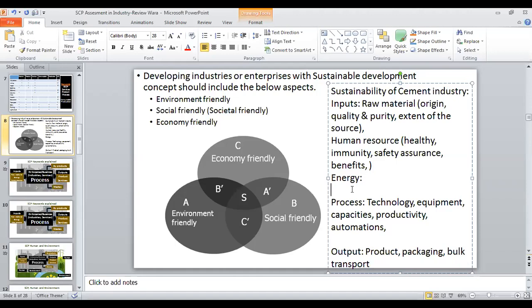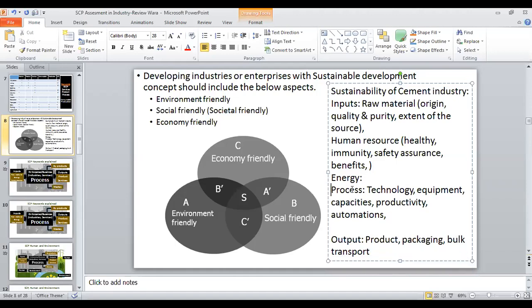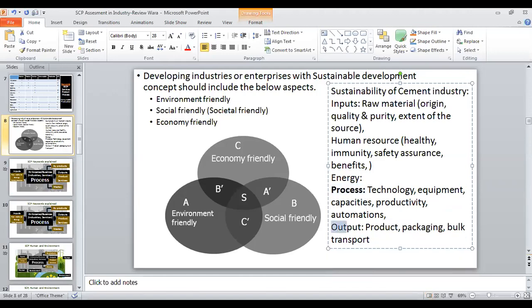So mainly the inputs, the process, the output. Then the wastes and emissions. Waste, emissions, and byproducts. If you are in the industry, you have to look into this as well.